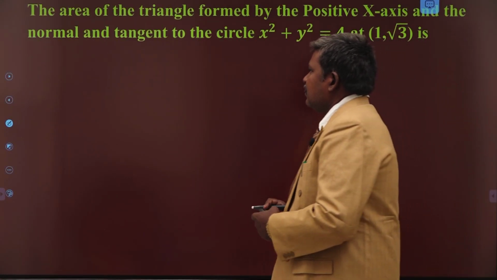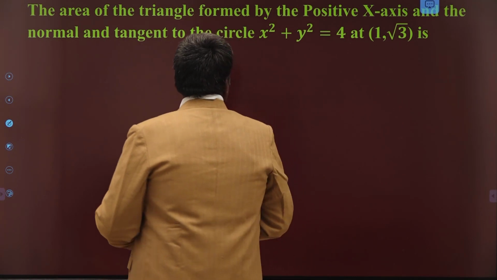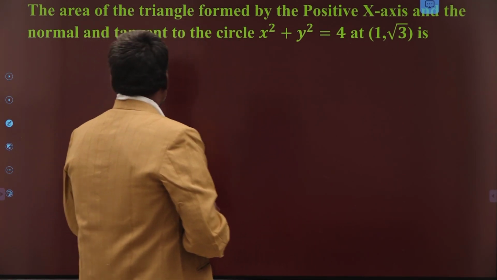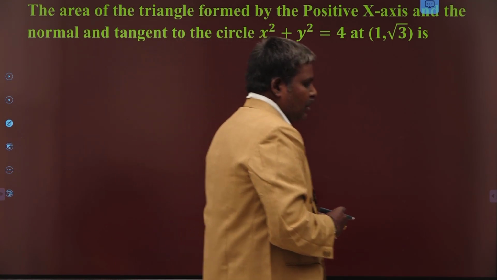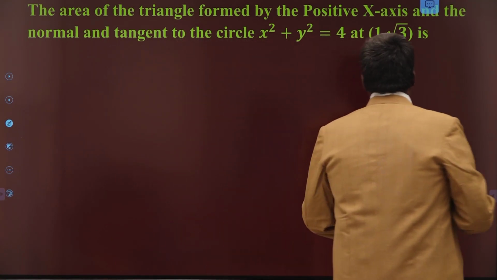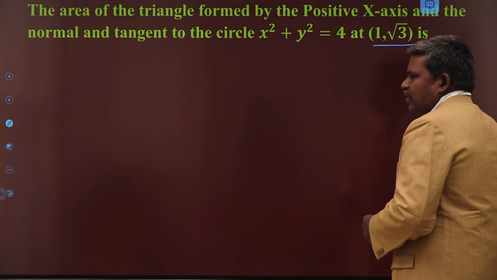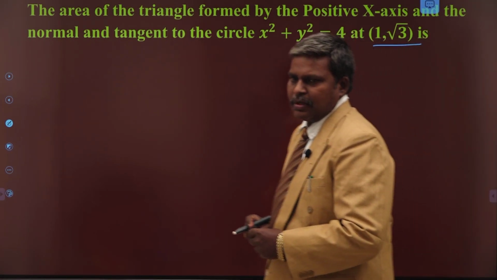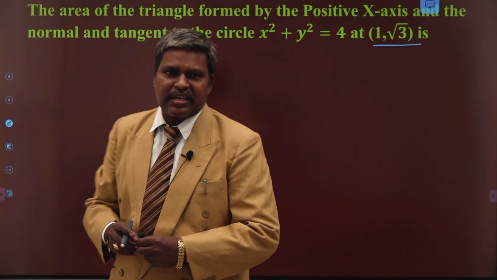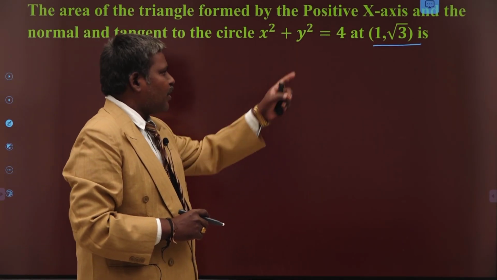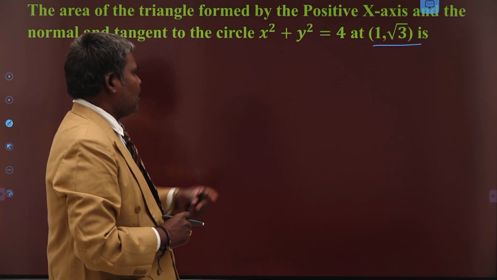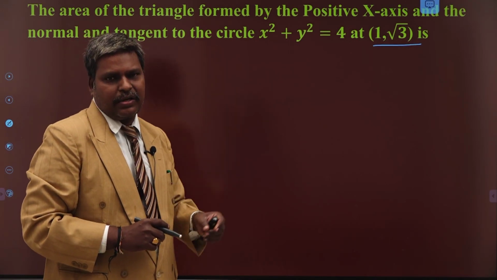See this one. The area of the triangle formed by the positive x-axis and the normal and tangent to the circle x square plus y square equal to 4 at the point (1, root 3). You have to find the area of the triangle formed by the tangent and normal at that point (1, root 3) to the circle with the x-axis.